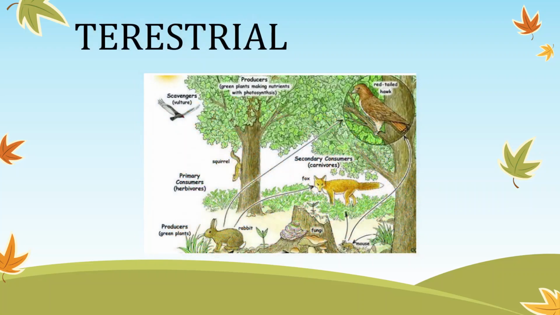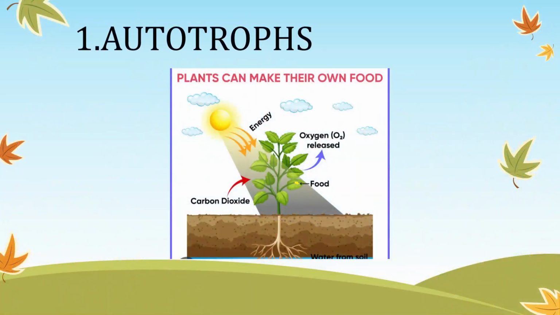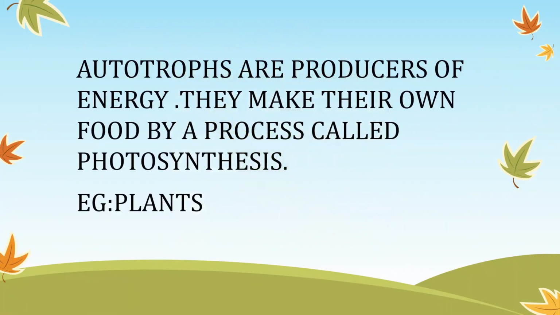Terrestrial means land animals. Next, primary components of all ecosystems. So first, autotrophs. Autotrophs are the producers of energy. They make their own food by a process called photosynthesis. We have learned it in our biology classes, this photosynthesis. Example, plants.